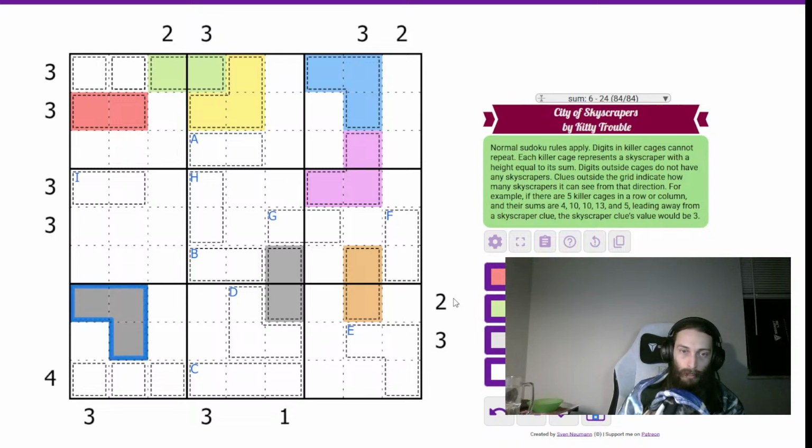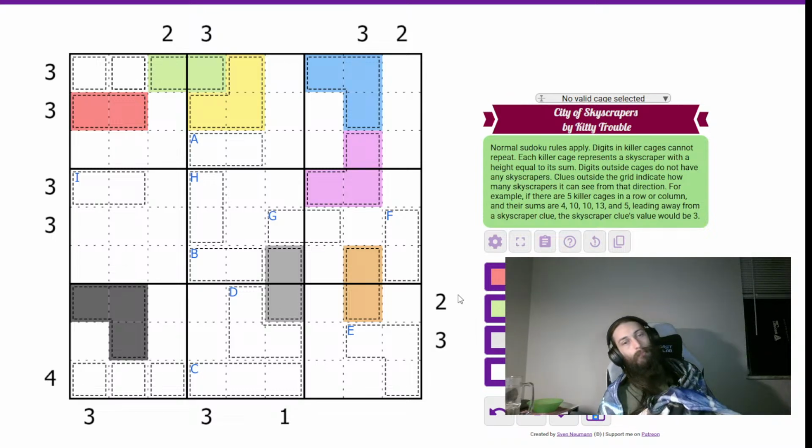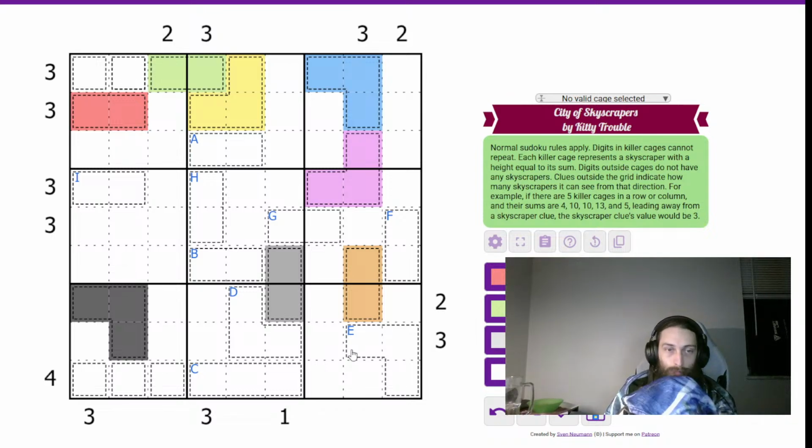And this one over here, black. We know that black is larger than D. So this 2 cannot see D, which means either orange or gray... well, if 2 sees gray, it's larger than black.